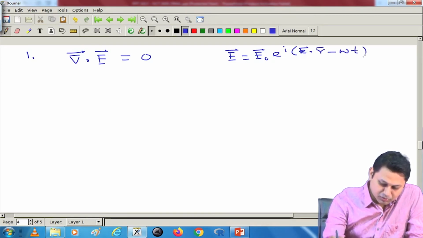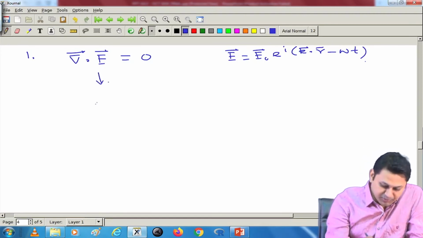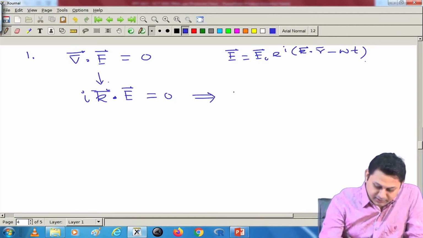As soon as I know this solution, I just replace this del with i k dot, and this is 0, or I can write that simply as k dot E equal to 0.